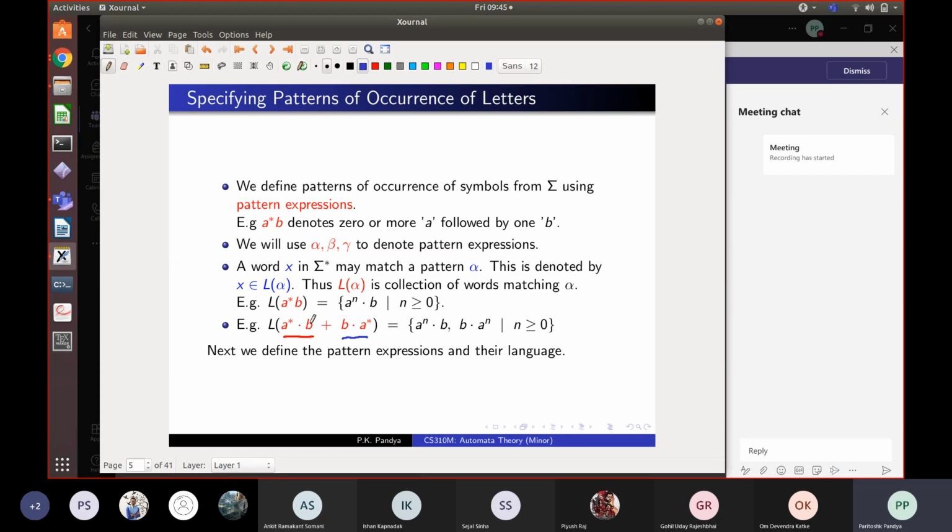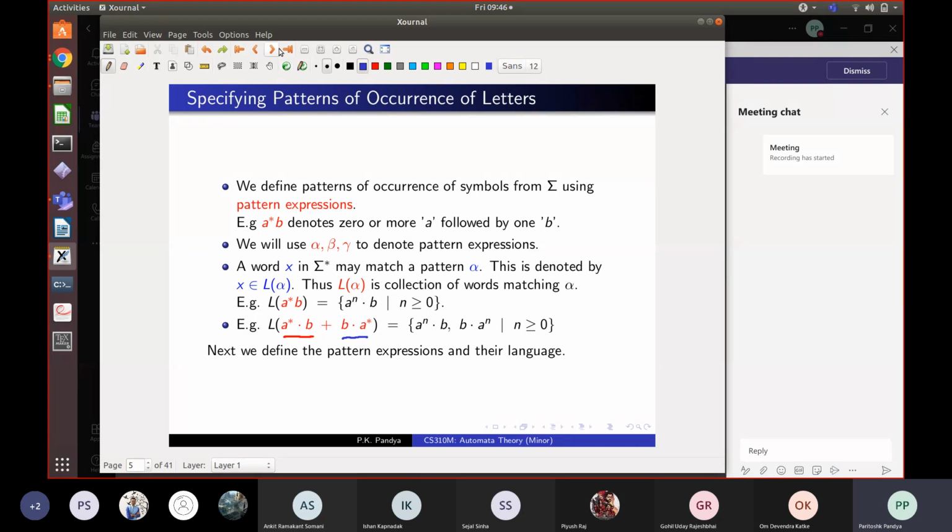It's like an arithmetic expression. We can have 1 plus 2 multiplied by 3. We are using basic natural numbers as atomic expressions, and then we are combining them using operators like plus and multiply. In arithmetic, that is what we do, and something similar is being done here.